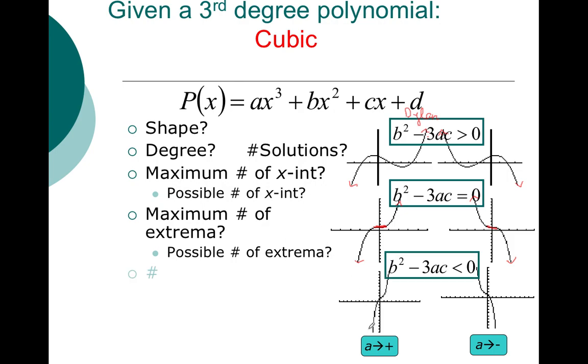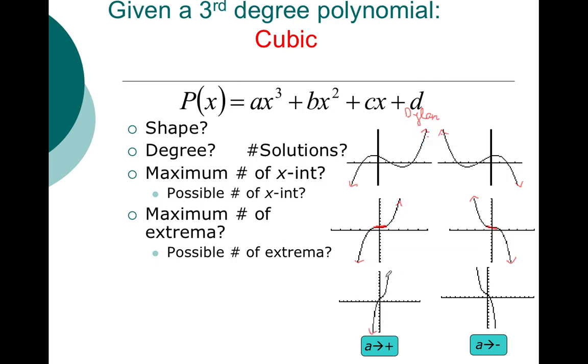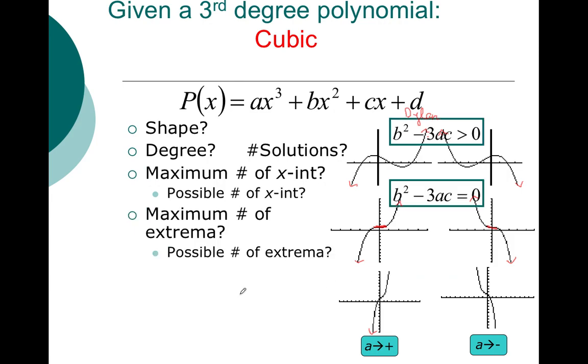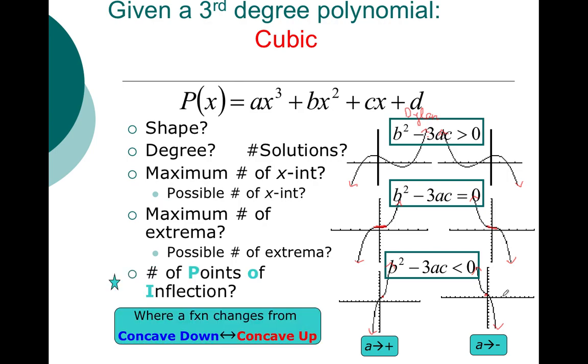Or when your Dillon value is negative, whether you start low and end high, or start high and end low, you have what we call neither. There's no slowdown. There's just an instantaneous spot of slowdown where you change curvature. And how do you find where you change curvature? Where a function changes from concave down to concave up, or vice versa.